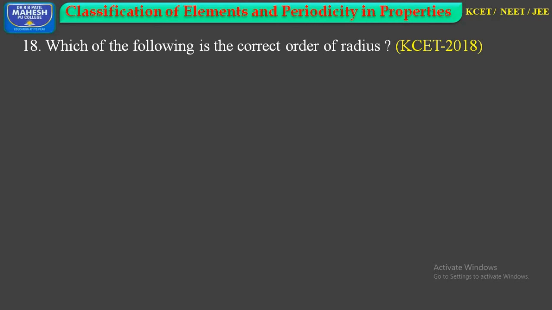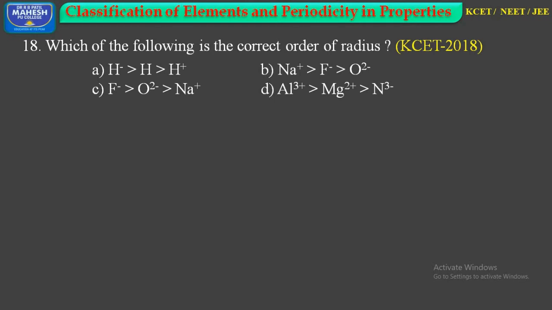Which of the following is the correct order of radius? And the options are, students, cations lose electrons and are smaller in size when compared to their parent atom. Whereas in case of anions, we add one or more electrons.